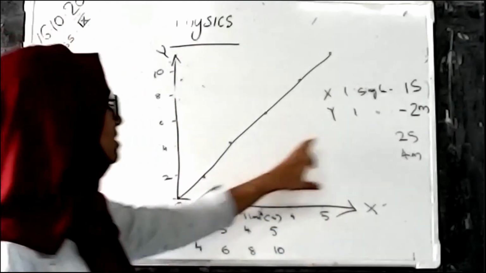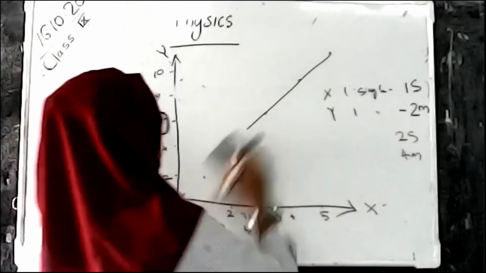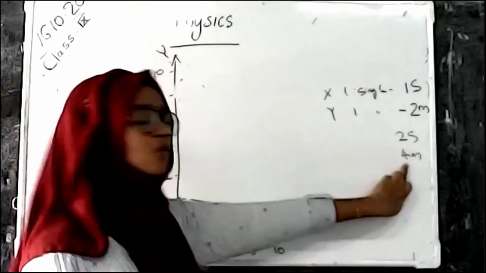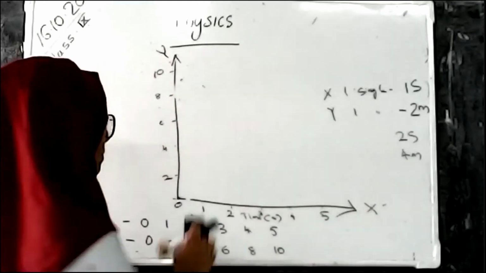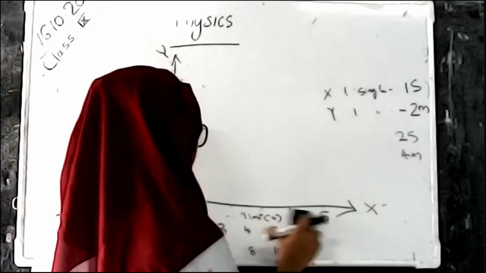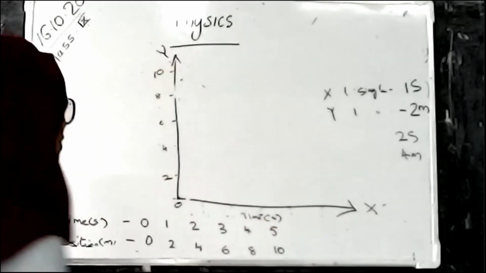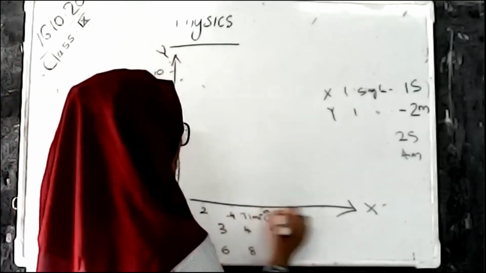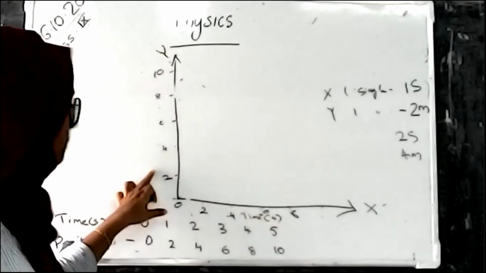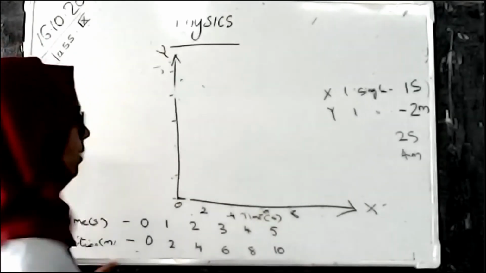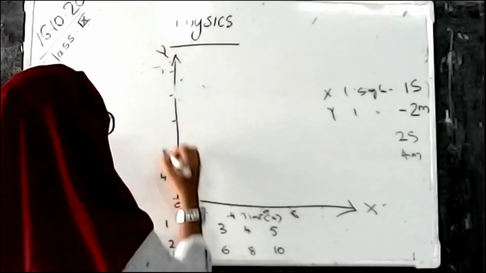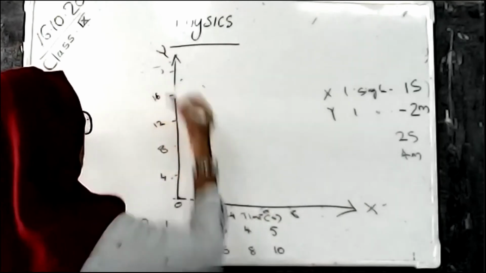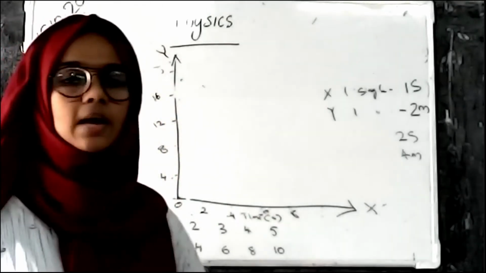So we have to draw the second graph using these values, 2 seconds and 4 meters. In time, first of all, we take 1 second. So here 2, 4, 6, 8, and on the other axis we take one unit as 4. So 4, 8, 12, 16. Okay.